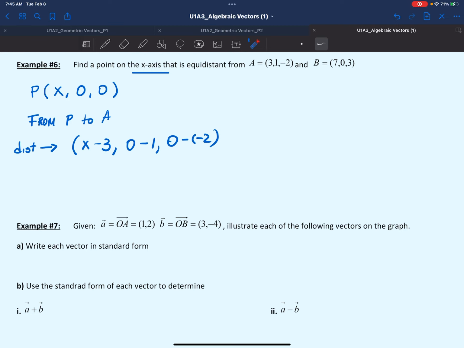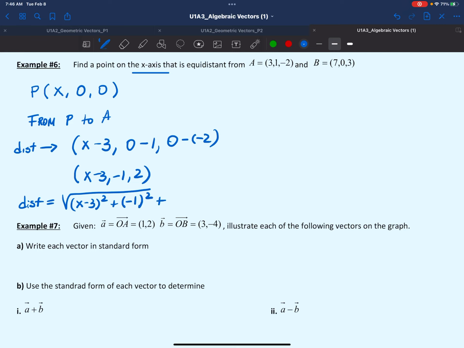So all we're doing in here is the difference between x, between y, and then between the z coordinates. So in other words, this would be x minus 3, -1, and +2. Now, the distance itself will be found by using the formula square root of the x component squared, x minus 3 squared, and then y component, which is -1 squared, and z component, which is 2 squared.